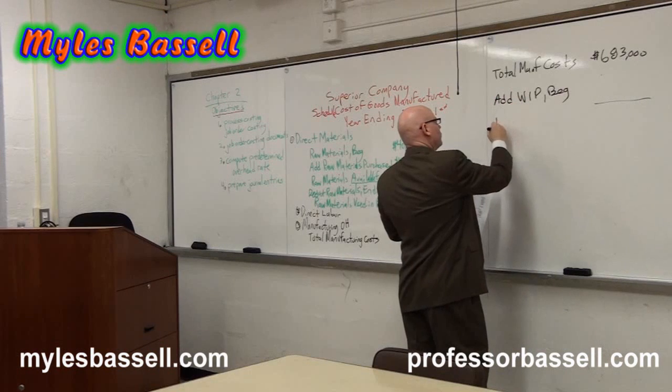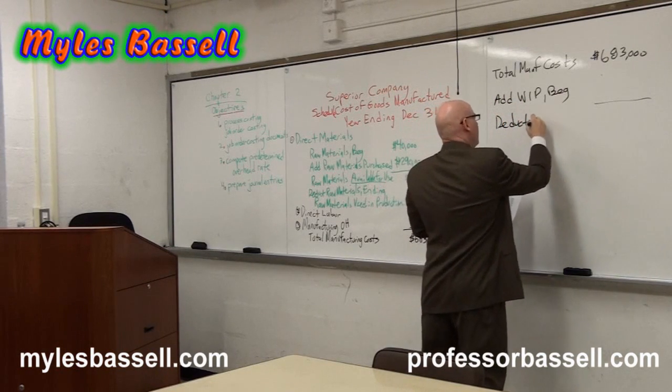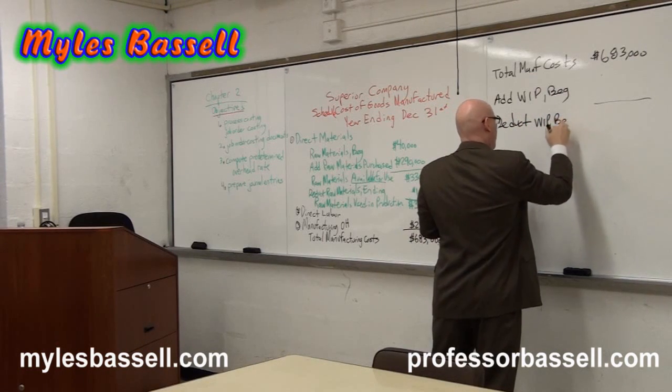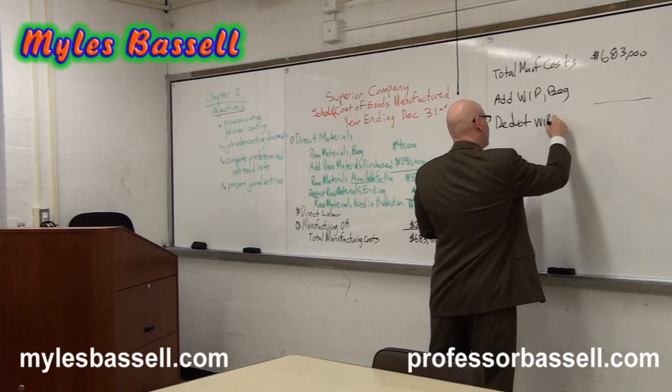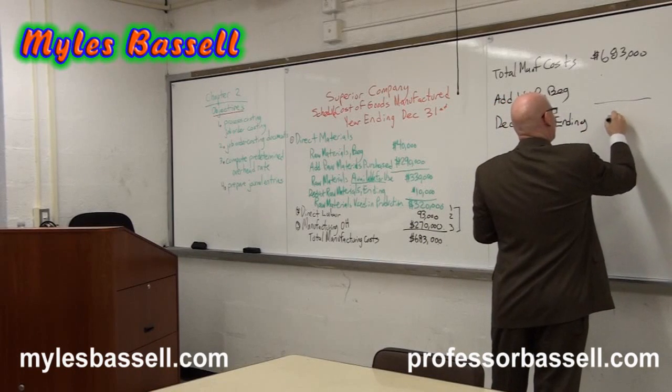Okay, so then we deduct the work in process ending, which they give us, 35,000.